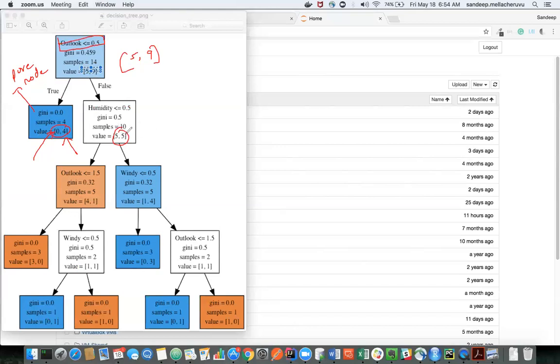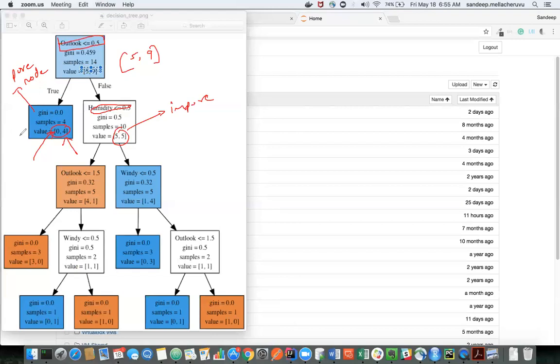But in this case, there is no zero, which means this is an impure node. When you split on some condition and you get an impure node, then you further split it. When you get a pure node, you are not going to split anymore.